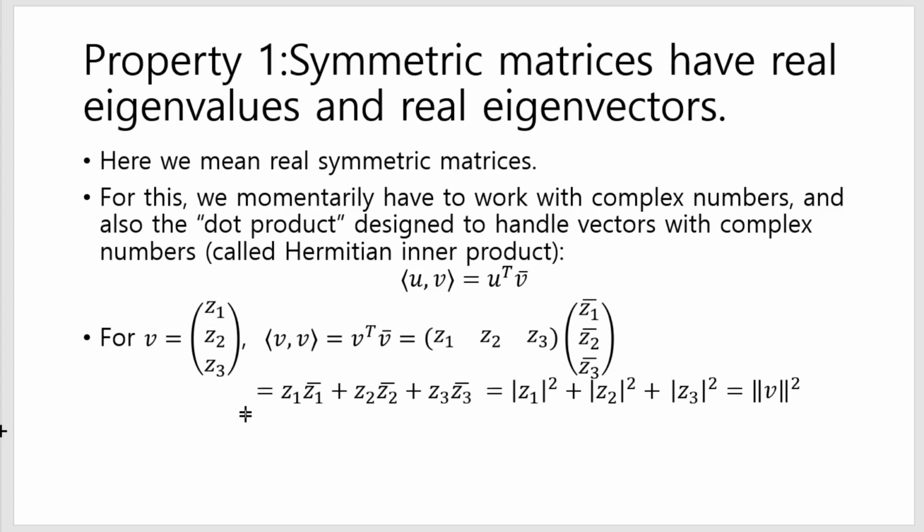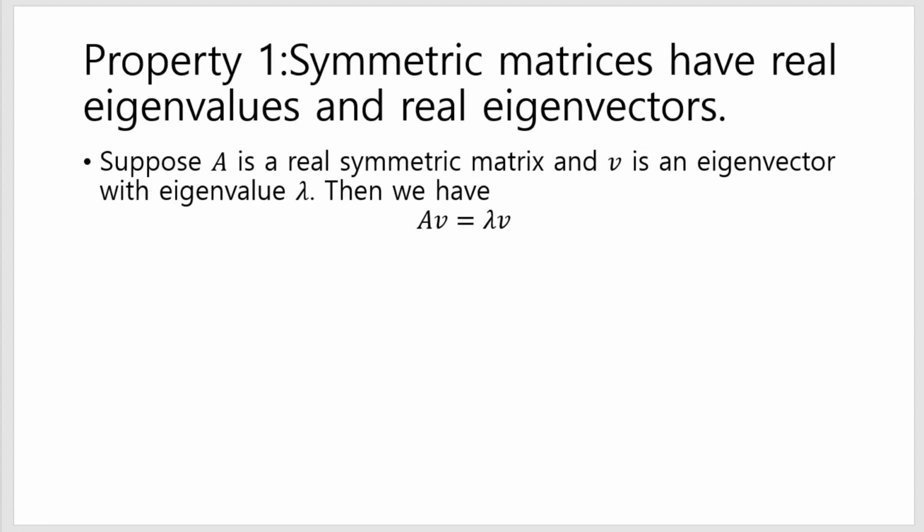So it is in accordance with what we would imagine if we were to define the size of a vector by the formula v dot v equals the norm of v squared. If this is to hold even for the complex case, then this bar is necessary so that everything works out correctly. That's called the Hermitian inner product. This is true in general for any vector v, even for 4-dimensional or 5-dimensional complex vectors. It will always be true if we take this Hermitian inner product.